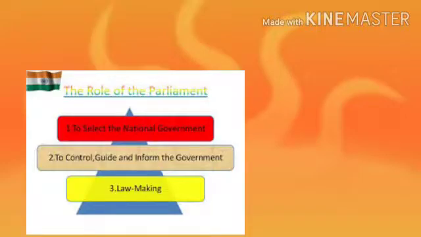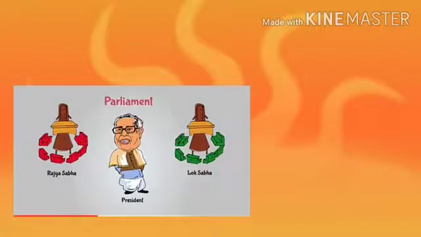The first important function is to select the national government. As we have seen, the parliament consists of the President, the Rajya Sabha and the Lok Sabha. The members of both houses are chosen through the process of election.